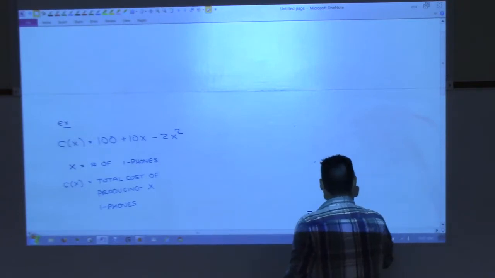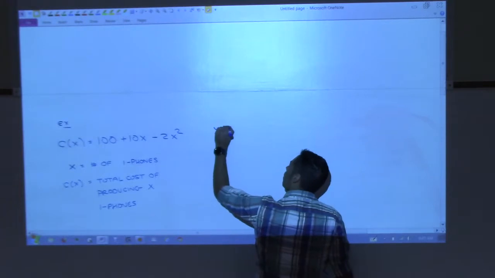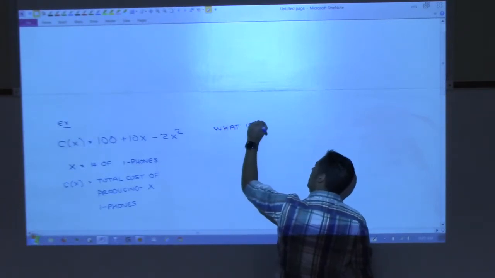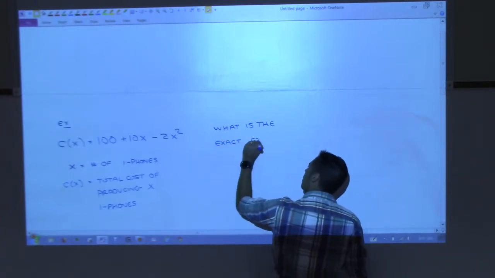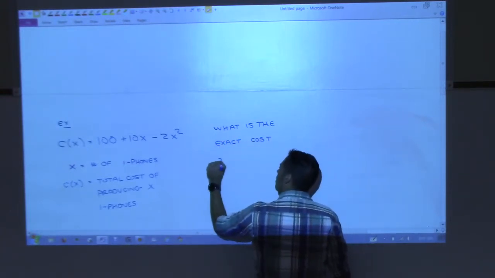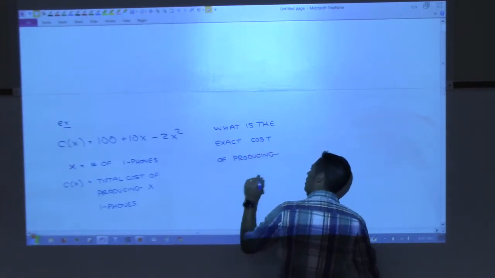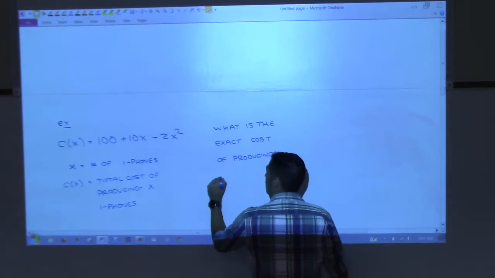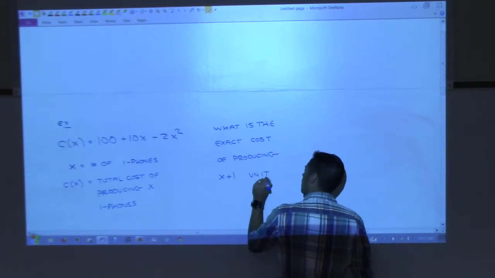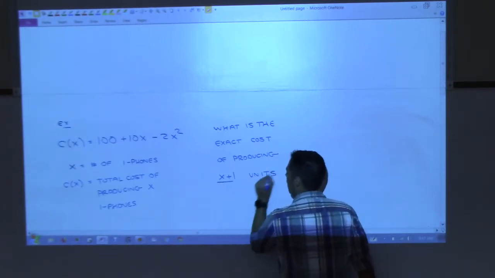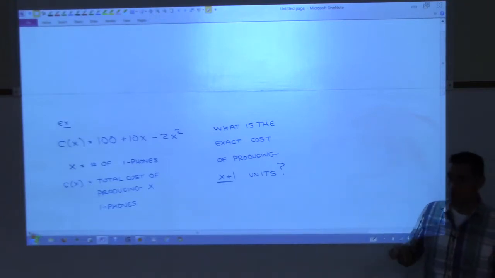If I was trying to come up with a formula, what is the exact change in cost of producing X plus 1 units? Now, I did that on purpose. I did X plus 1 because that's what the book does, all right?